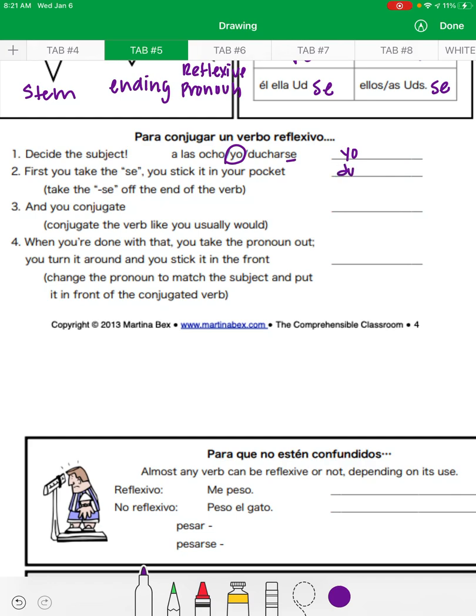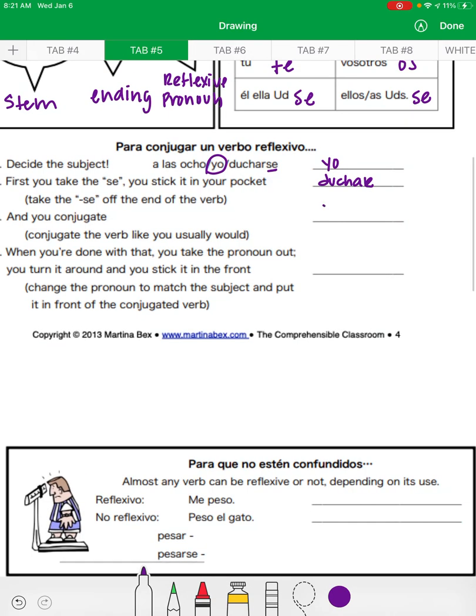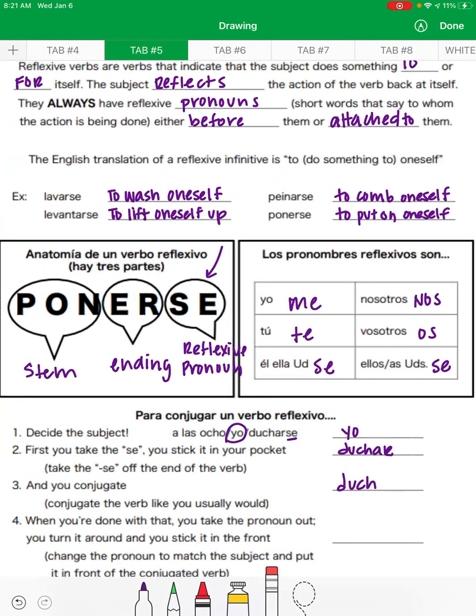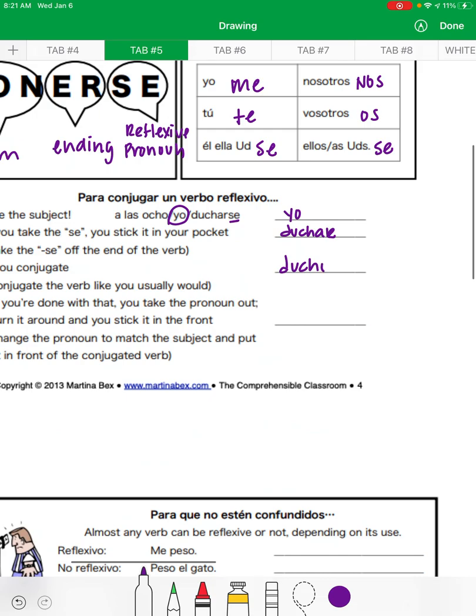So that just leaves us with duchar. Okay, so we're going to say, I shower at 8 o'clock. Now you're going to conjugate duchar. This is exactly the same. So you take off the AR and add an O.